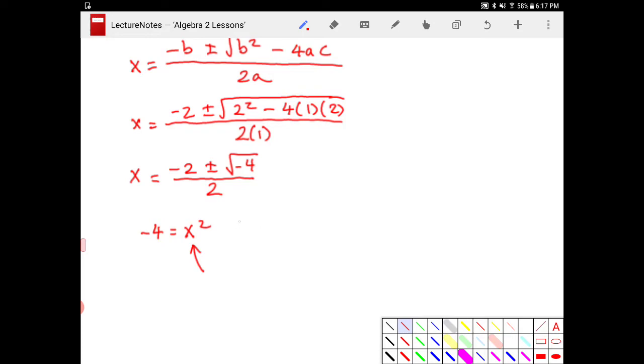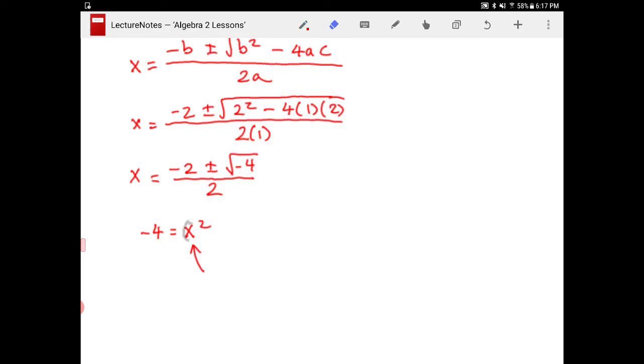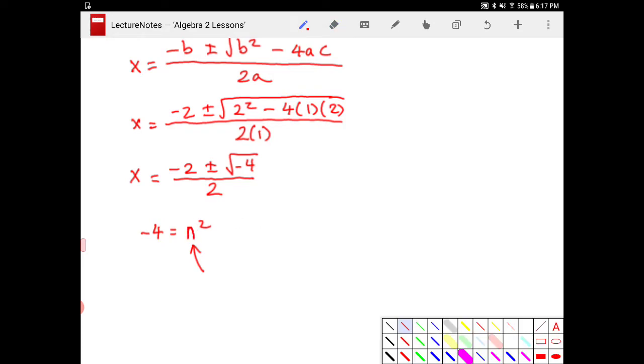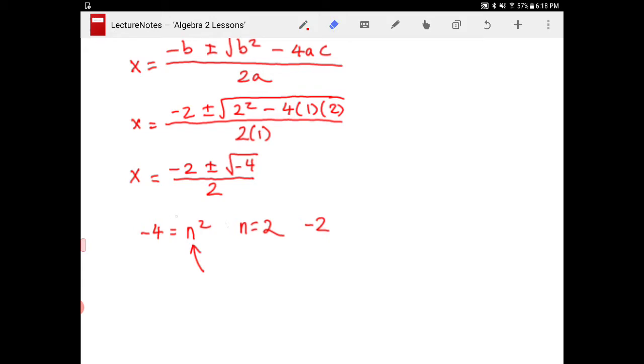Try that. Actually, I'm not going to use x, I'll use n. Let's say n is equal to 2. If I take 2 and square it, I am not going to end up with negative 4. Similarly, if I make n equal to negative 2, I am not going to end up with negative 4 as a result. So what does this mean?